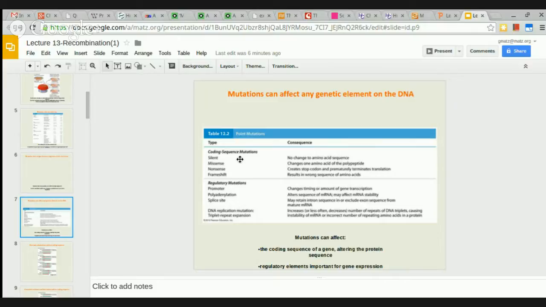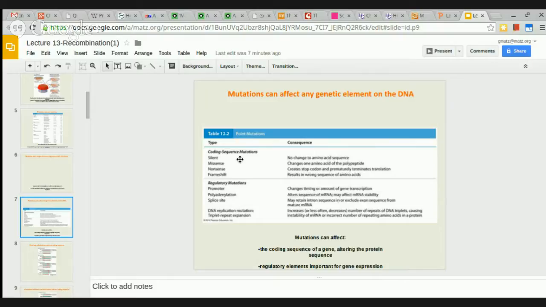Whether it occurs early or later can have different effects. And we have frameshift mutations, which result in wrong sequence of amino acids. And what that means is the addition or deletion of a number of nucleotides that is not a multiple of 3.